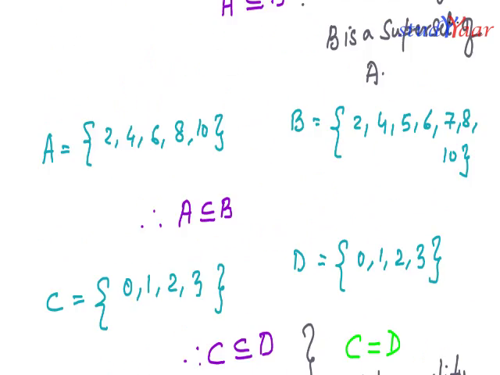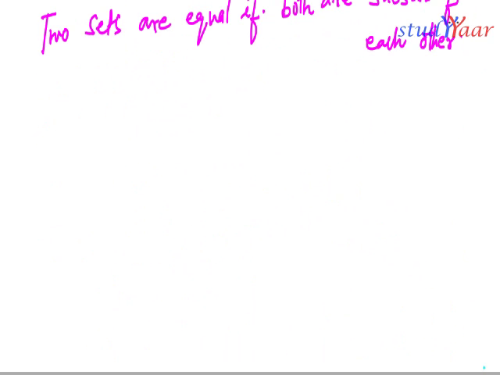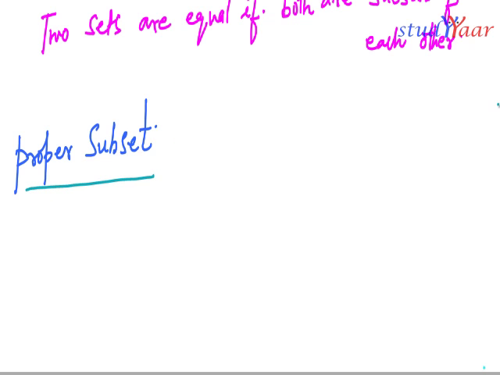Now I would like to tell you something about what is known as a proper subset. With a proper subset, we eliminate the condition of equality. How do we do that? We define a proper subset by saying, let us say A is a proper subset of B. This is the symbol indicating proper subset.